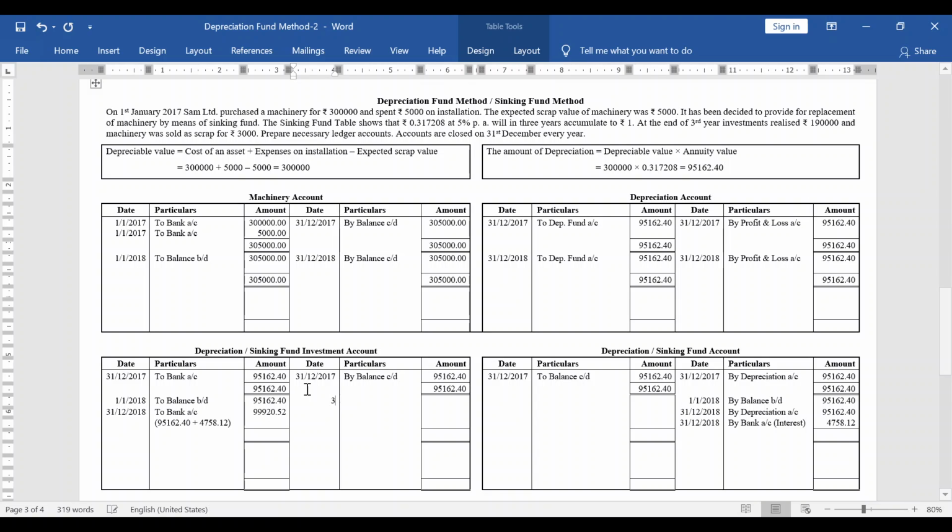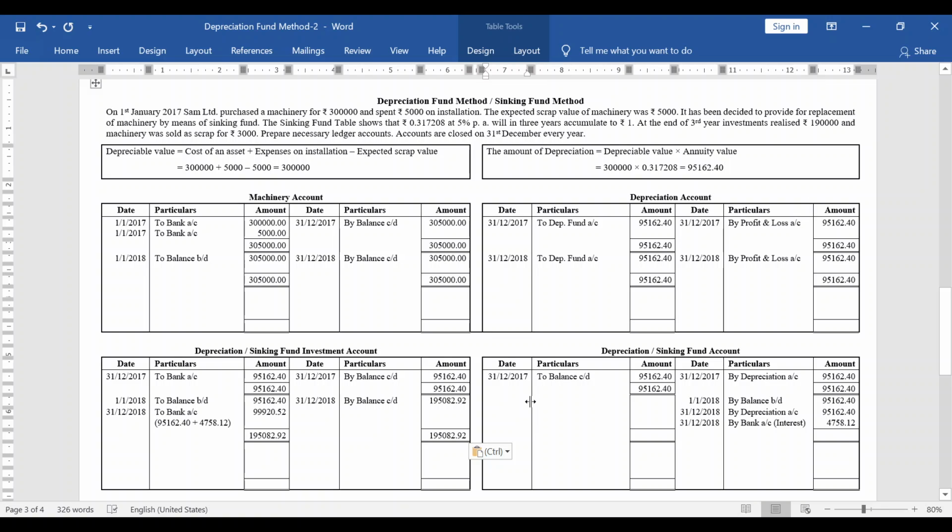The depreciation fund investment account as on 31st of December 2018 shows a debit balance of rupees 1,95,082.92. Depreciation account does not show any balance.